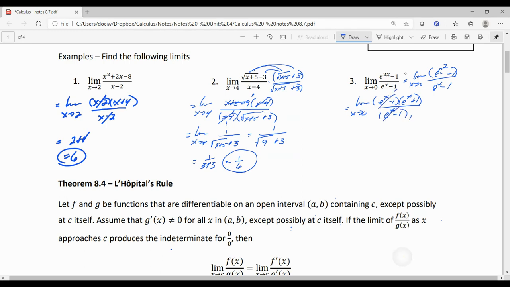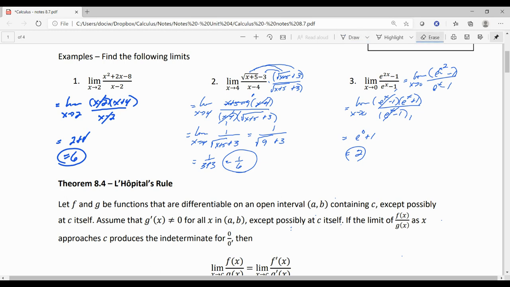These will cancel. We put 0 in for x. We're going to get e to the 0, which is 1, plus 1. So we have 2. Now, each of these are indeterminate forms, because when we put 0 in for x, we're going to get 0 over 0. In all 3 of these cases, we're going to get 0 over 0.